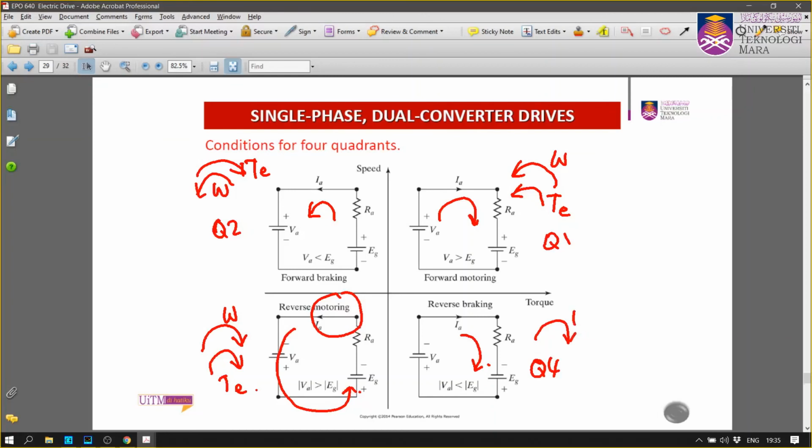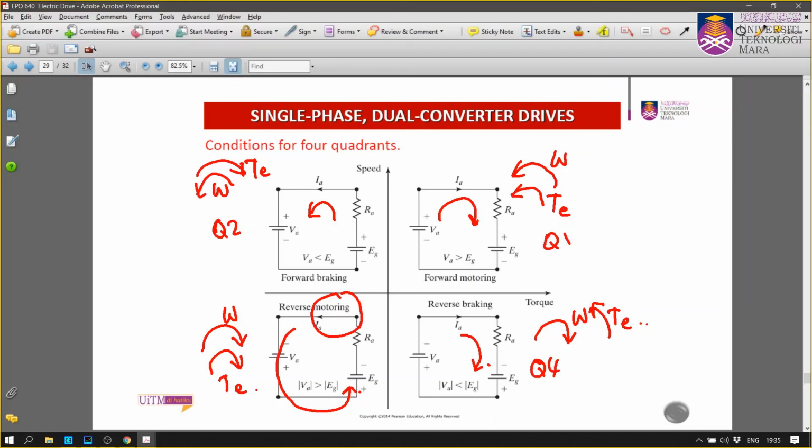Speed is negative, but now you have torque opposite, torque is positive. Right? So this is a 4-quadrant operation with a dual converter.